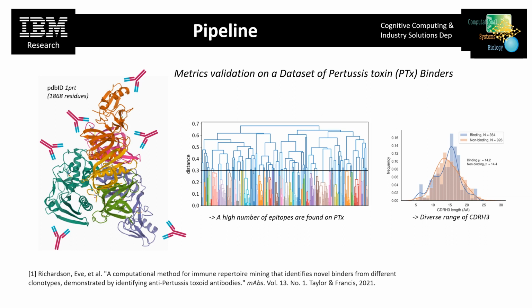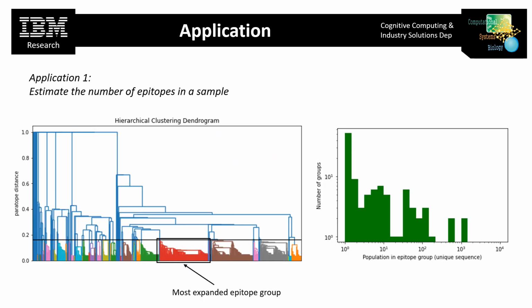So we validated and optimized these three methods on this dataset. And once it's ready, we can do the following. We can estimate the number of epitopes in a sample. Once you know if a B cell is binding the same epitope as another B cell, you can group them into clusters and estimate the number of epitopes in the sample.